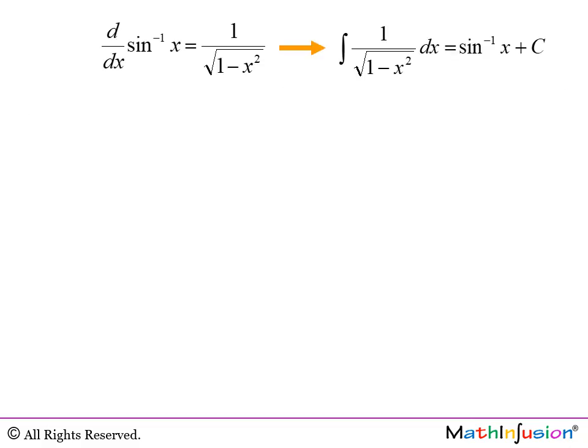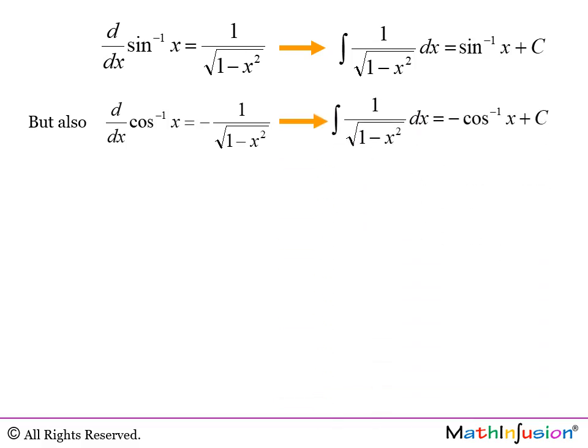We already noticed that the derivative of the arcsine of x is 1 over square root of 1 minus x to the power of 2. But also, the derivative of the arccosine x is almost the same. It is negative 1 over square root of 1 minus x to the power of 2.